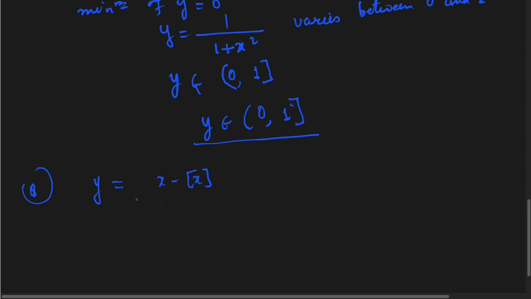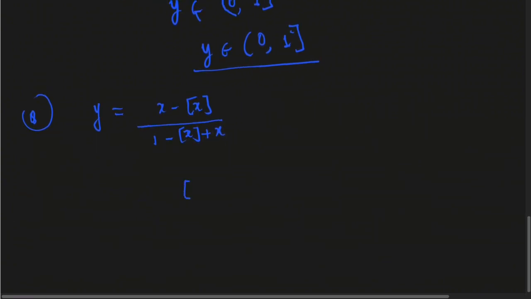You must be familiar with the greatest integer of x. So I'll talk about this also when I solve the question. And 1 minus greatest integer of x plus x. So now first look at what the greatest integer is.